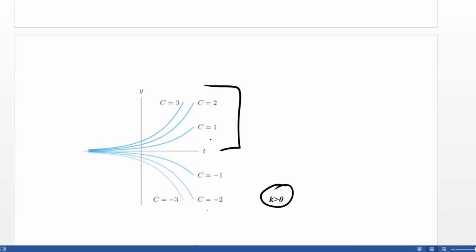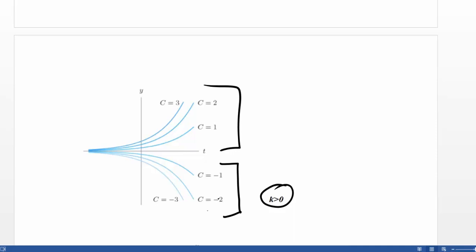We read this from left to right like any other graph, and we can see that our functions go up exponentially for the different positive values of c. Now, if k is positive but c is negative, then that takes our function and turns it into a decreasing exponential function.